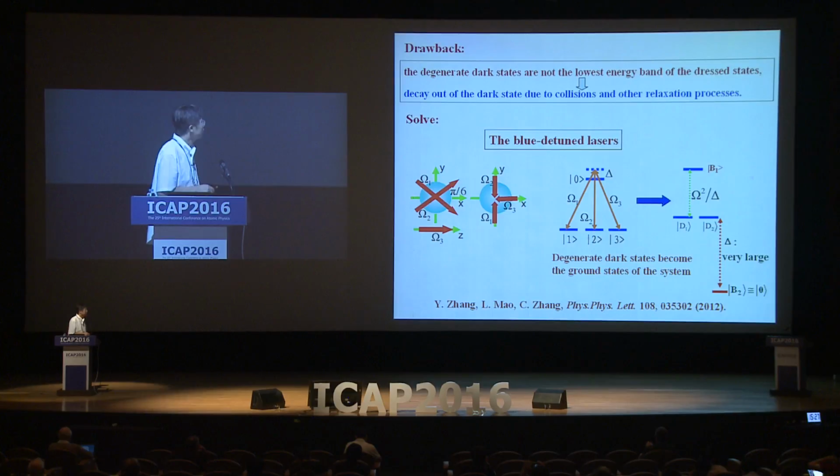In order to solve this problem, a blue-detuned laser is used to make sure the lowest bright state is far separated from the two degenerate states. We can see this energy separation with Δ is very large. Thus, we can regard the two degenerate dark states as the ground states of the system.